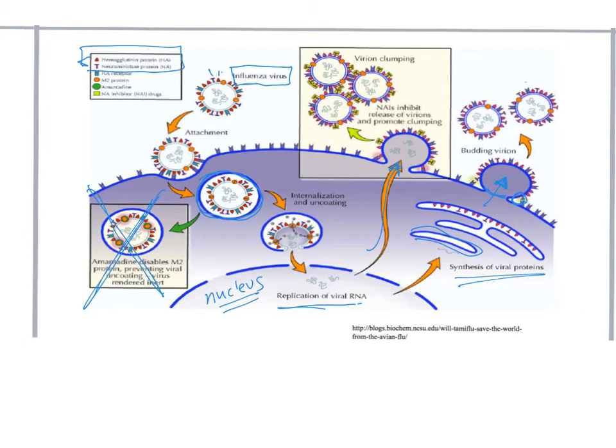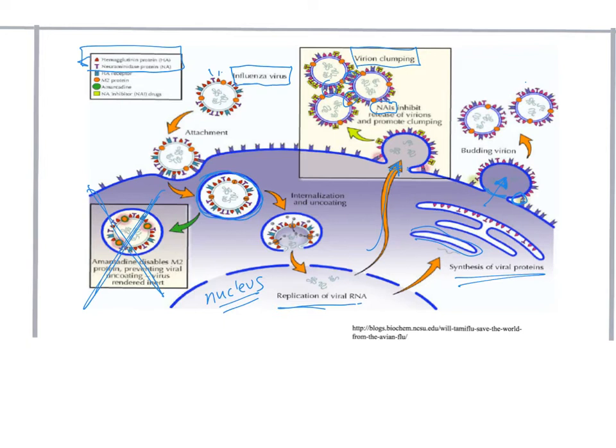Now, if the cell is in the presence of NAIs, neuraminidase inhibitors, that slows down the new virion from budding off of the host cell. And when it does bud off, the virions tend to stick to each other. We get virion clumping.